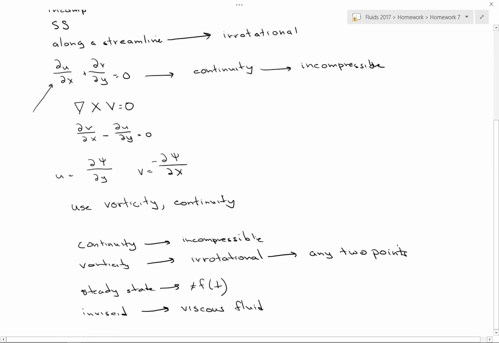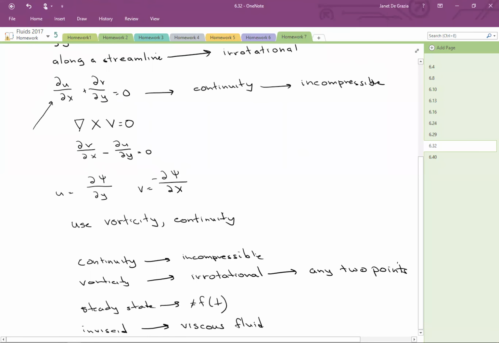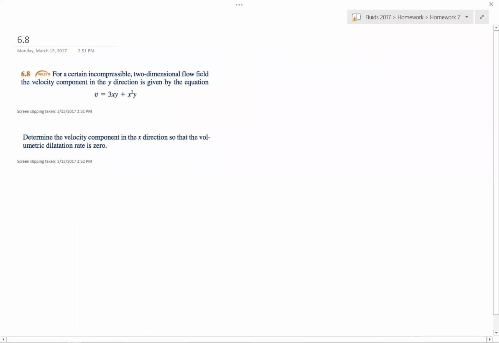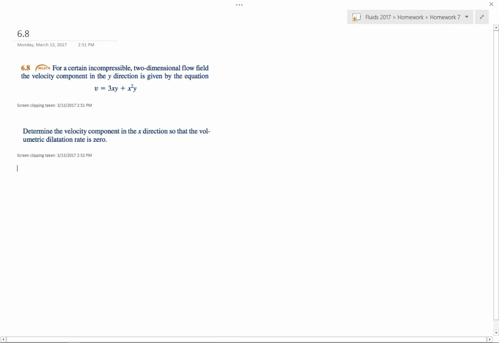For a certain velocity component, so what do we know? du dv dy, so du dx equals minus blah, blah, blah. So what does it say in the back, and 24? What does it say in the back that the signs are, negative or positive for number 8?